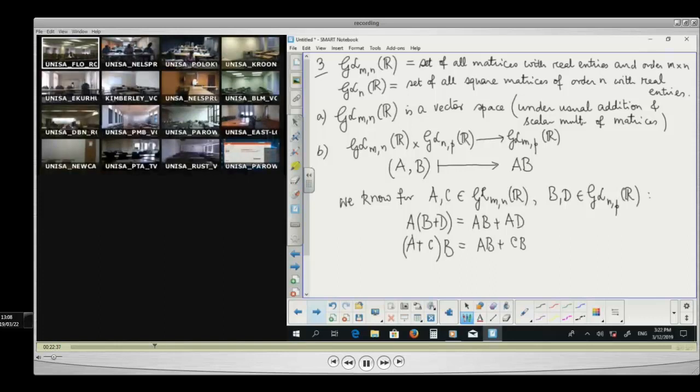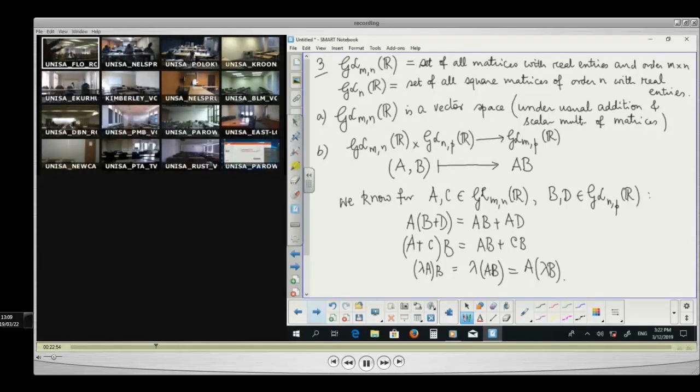Lambda A times B is lambda times AB, and this is the same as A times lambda B, right? These are all the properties that we know about.